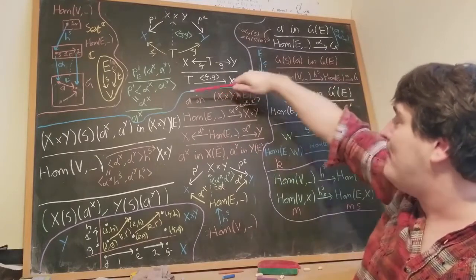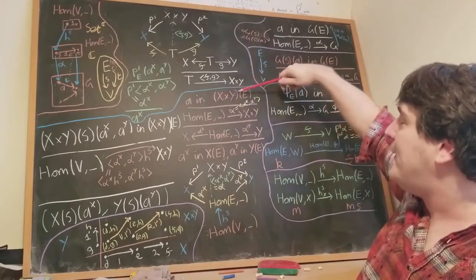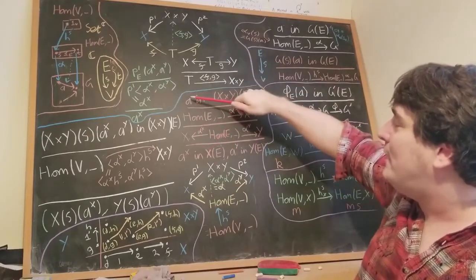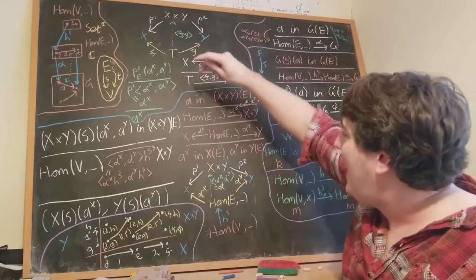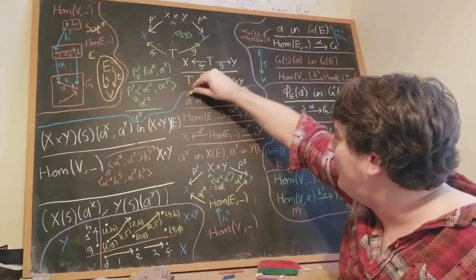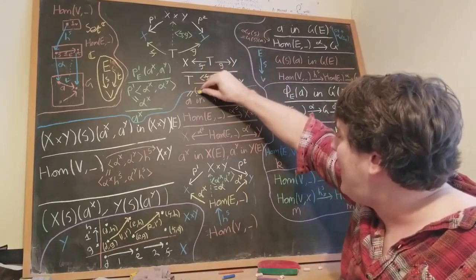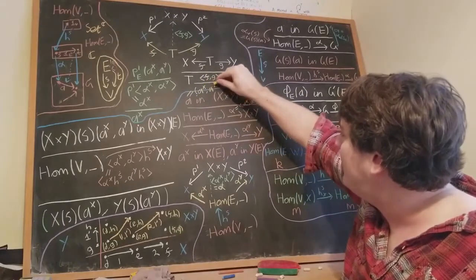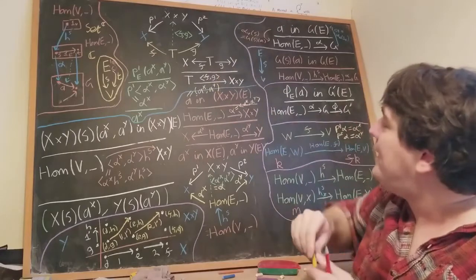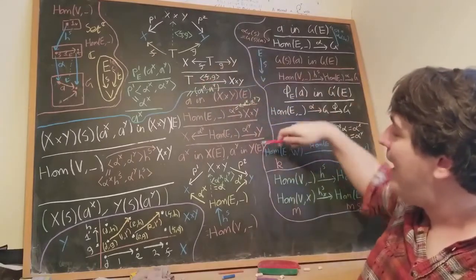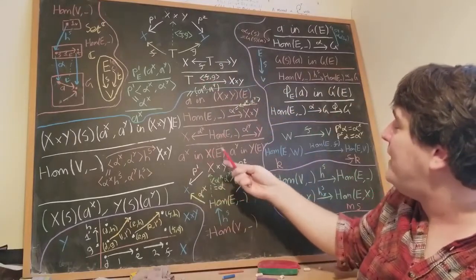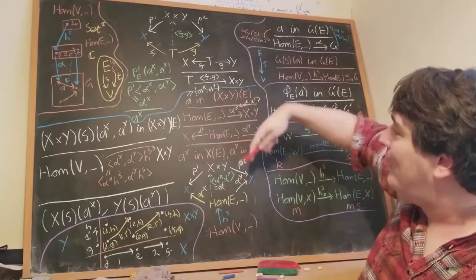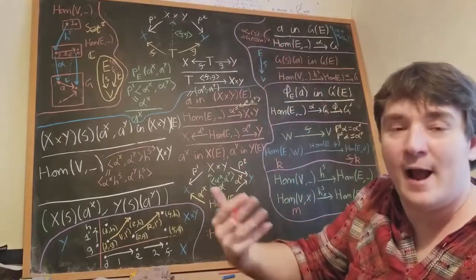Since these E-type elements of X times Y correspond to these pairs, we might as well just call this a as <a^X, a^Y>, because it really is just corresponding to a pair of an element of X(E) and an element of Y(E).